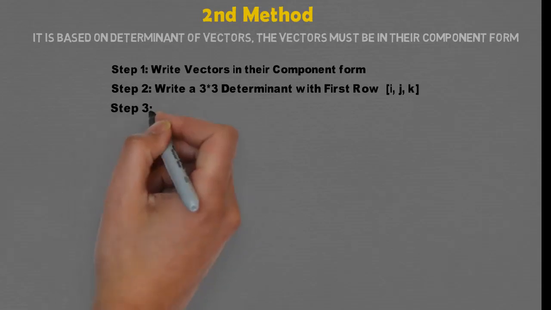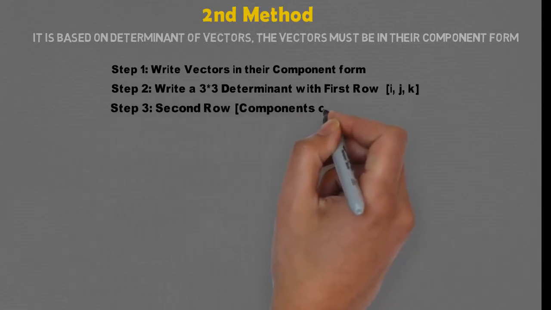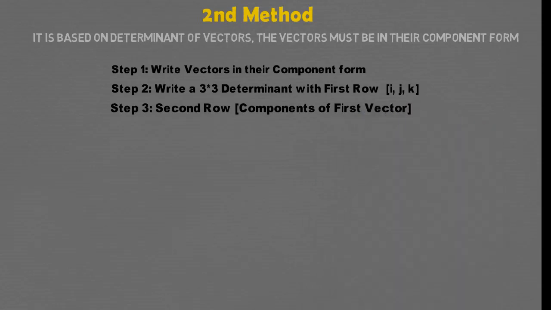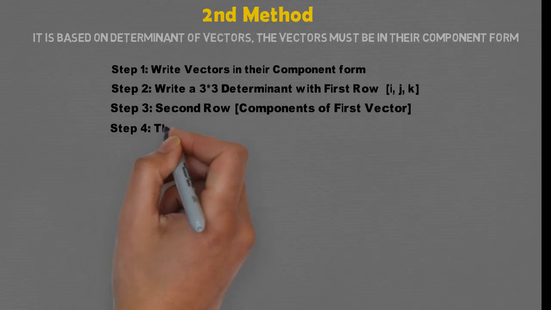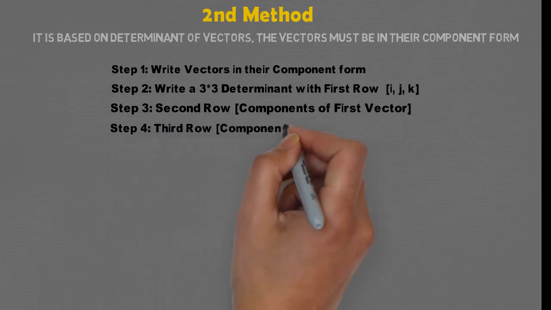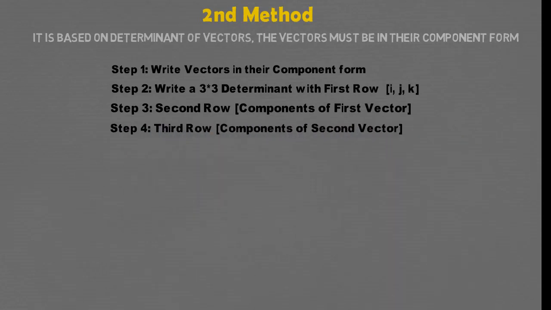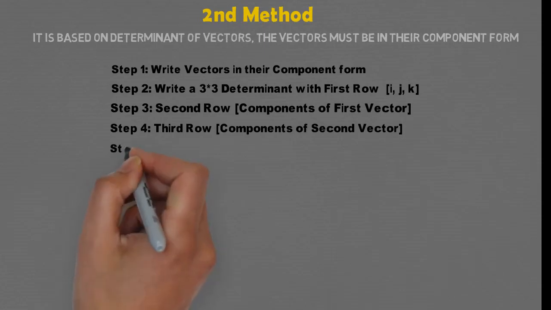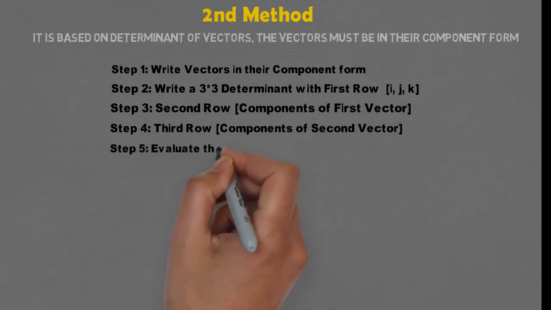Step 3: write second row as the component of vector A, which is your first vector. Step 4: write third row as the component of vector B, which is your second vector. And step 5: evaluate the determinant.